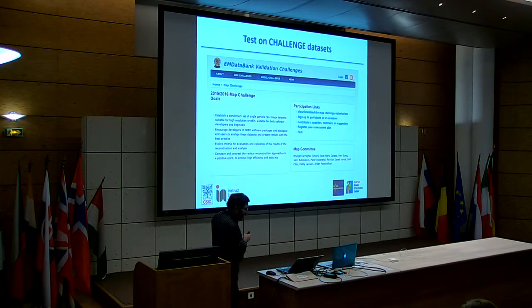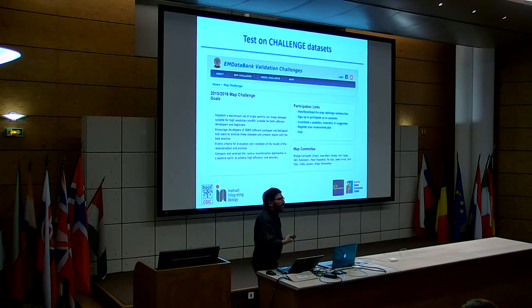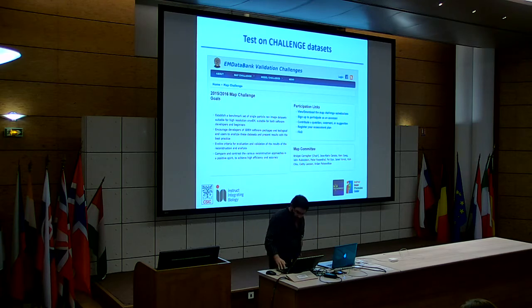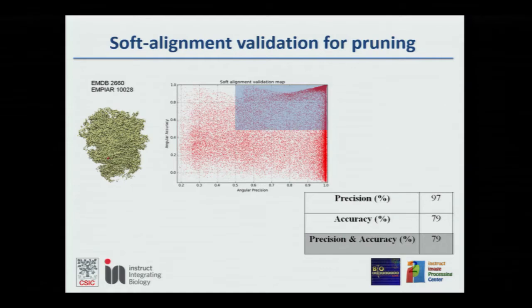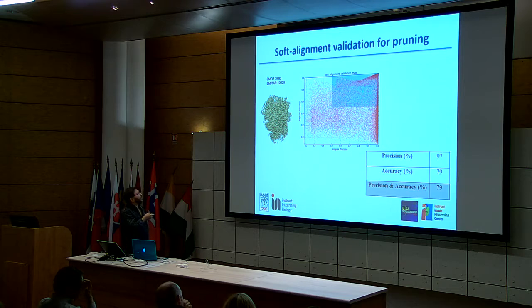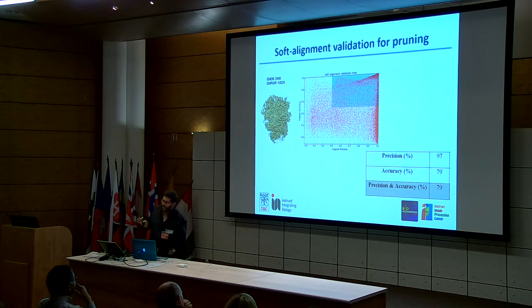We have made available a number of maps, and we are now trying to get how good we can do. Can we use our quality measure to select those best images from the point of view of our capacity to assign orientation? This is something that we call pruning, that is selecting images. Normally, when you do pruning in EM, you don't get any results.